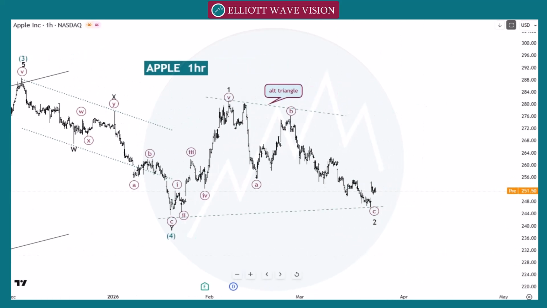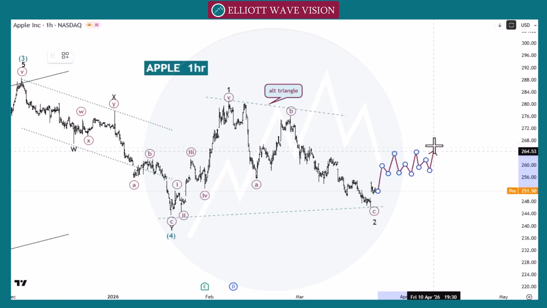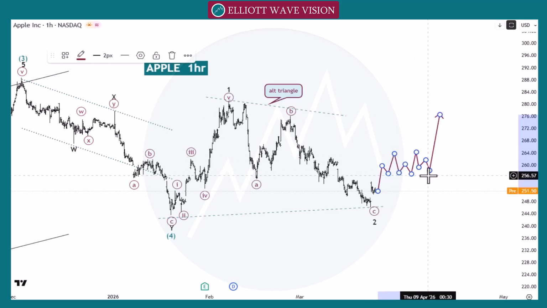So if the market gives us the next impulsive move in lower time frame like 1, 2, 3, 4, 5 arrival, rejection, first high above level A, B and C, then we can go towards the 272 and then 280 as a wave A, wave B and wave C, or as a 1, 2 and 3.